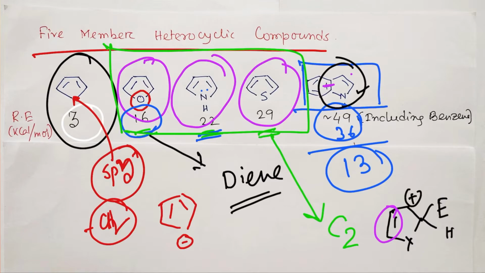Consequently, indole gives selective reactivity at the C3 position. So that's how aromaticity controls the chemical reactivity as well as selectivity.